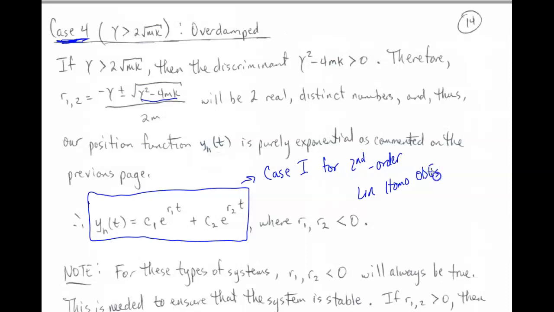Okay? So we recognize this as case 1, back in that preliminary section.